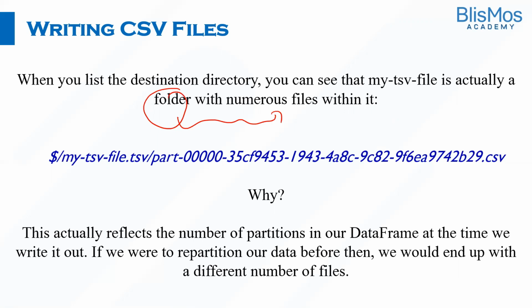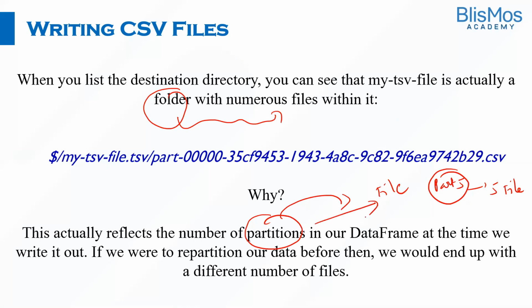Now, when you want to write the processed DataFrame into a file, those partitions would be written into files. So, if you have 5 partitions, there will be 5 files created. Each partition would be one file.